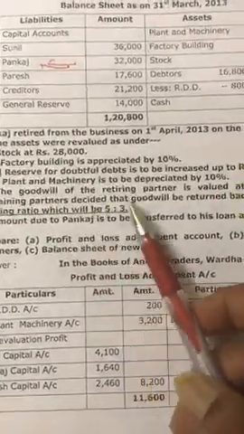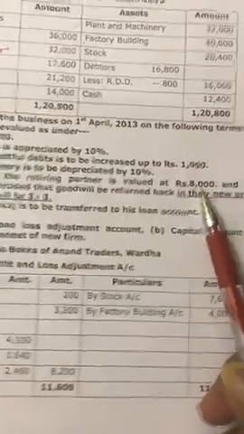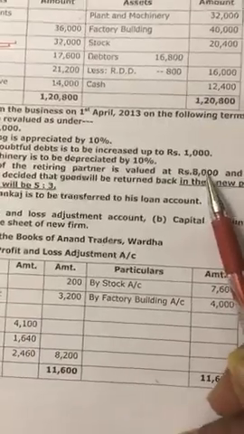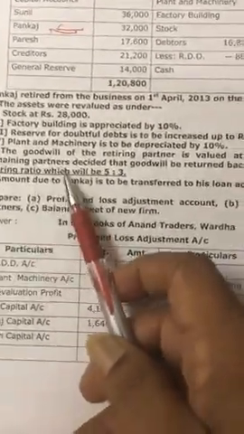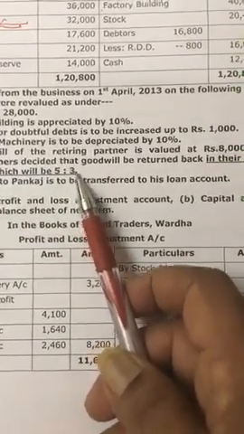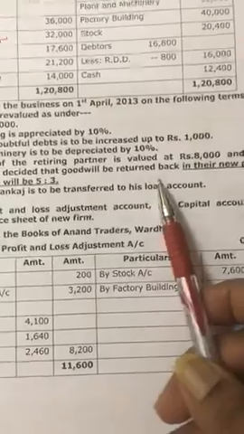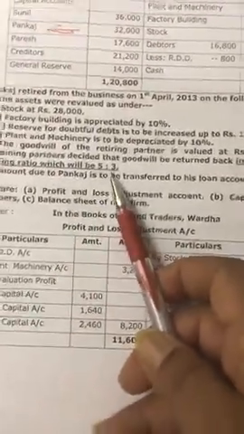The goodwill of the retiring partner is valued at 8,000. So his share of goodwill is given, and the remaining partners decided that goodwill be written back in their new profit sharing ratio 5:3.